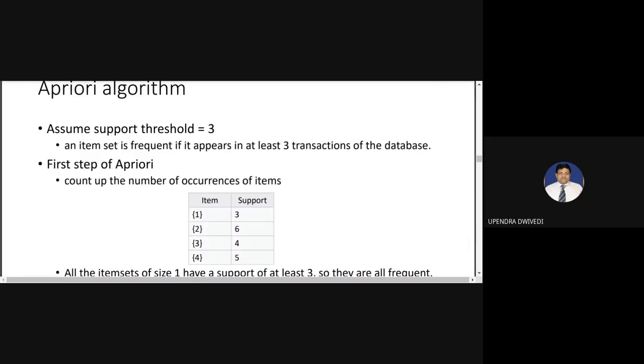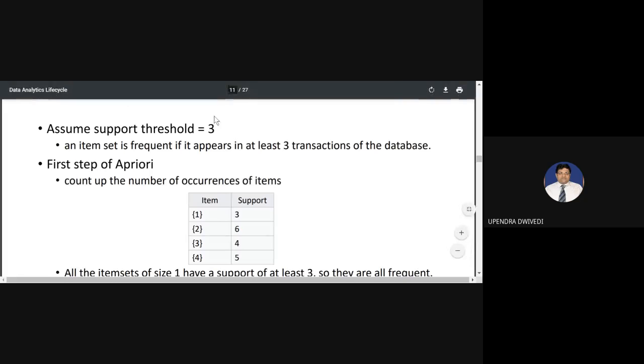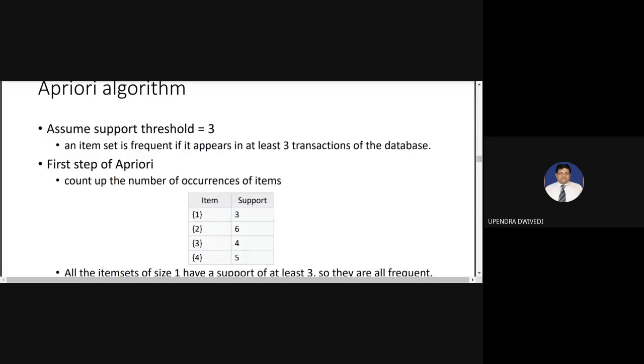If an item set has support less than 3, we will not consider it. So an item set is frequent if it appears in at least 3 transactions of the database.